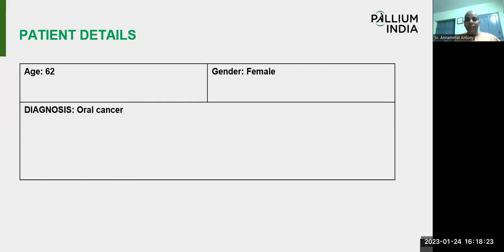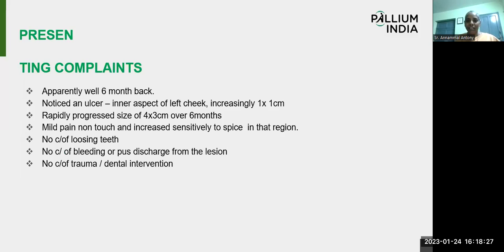A 62-year-old female patient diagnosed with oral cancer. Presenting complaints: about 6 months back, she noticed an ulcer, 1 centimeter, which rapidly progressed to a size of 4 by 3 centimeters over 6 months.